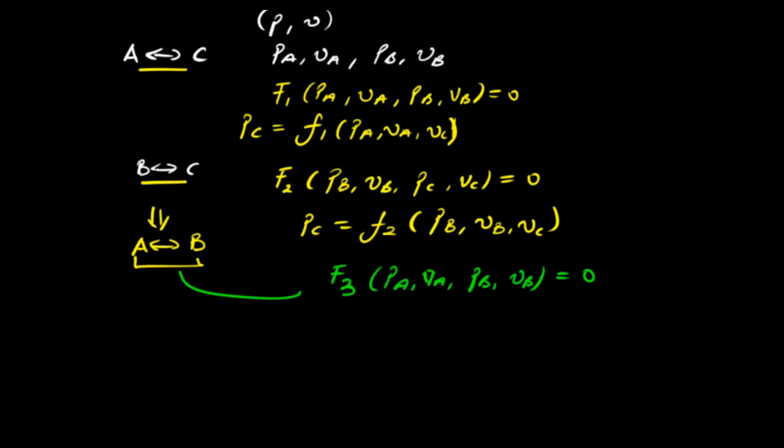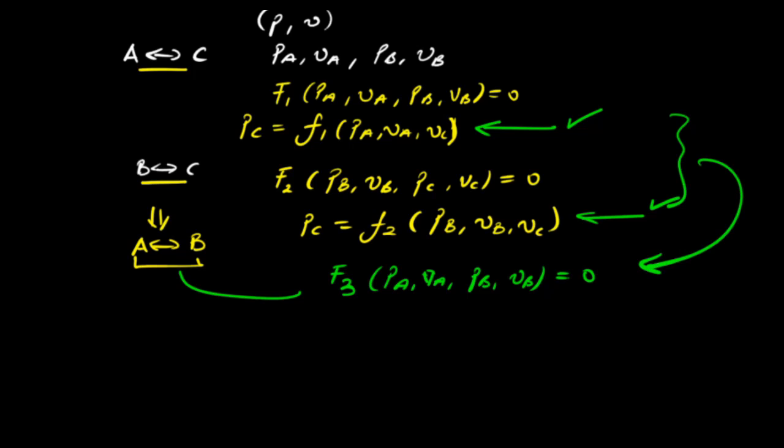Now the zeroth law says that if A and C are in thermal equilibrium and B and C are in thermal equilibrium, that implies A and B are in thermal equilibrium. The statement that A and C are in thermal equilibrium is this, and the statement that B and C are in thermal equilibrium is mathematically given by this. So from the zeroth law we must be able to use this equation and this equation to arrive at this particular equation.